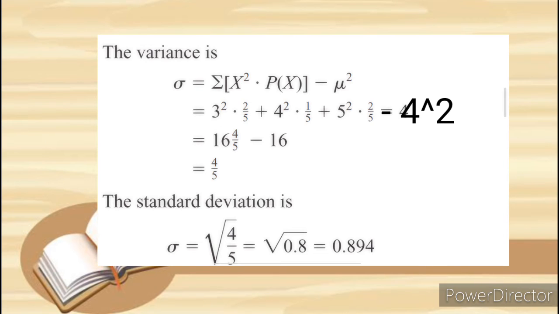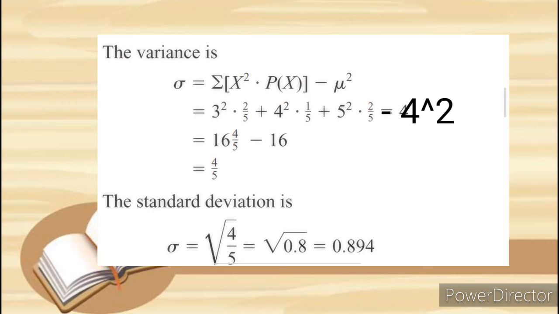Variance is equal to summation of x squared times probability of x minus mean square is equal to 3 squared times 2/5 plus 4 squared times 1/5 plus 5 squared times 2/5 minus 4 squared is equal to 16 and 4/5 minus 16 is equal to 4/5.